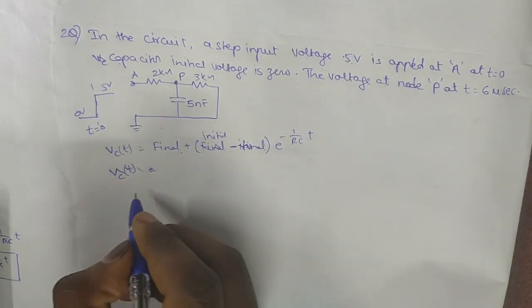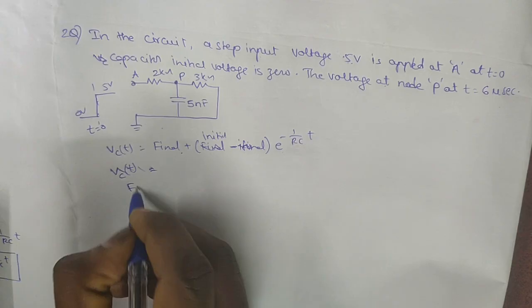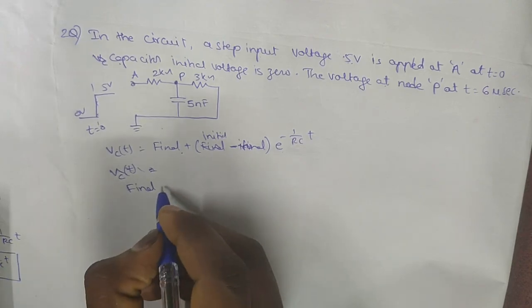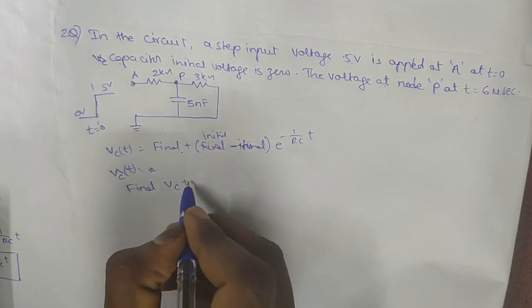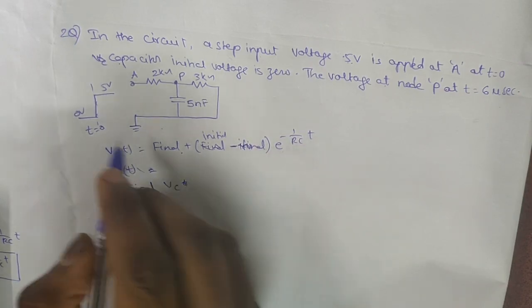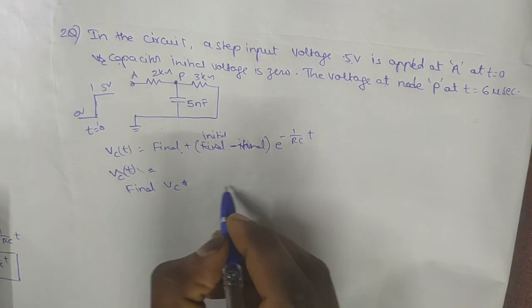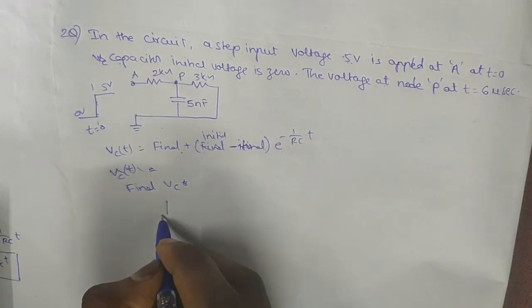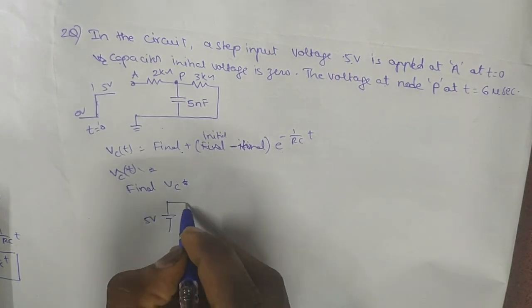First we need to find the final value of capacitor voltage, that is the final value after t greater than 0, when the circuit has a direct 5 volts applied.